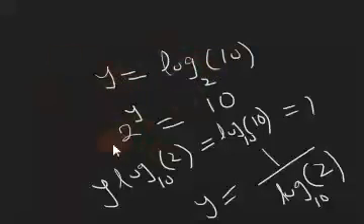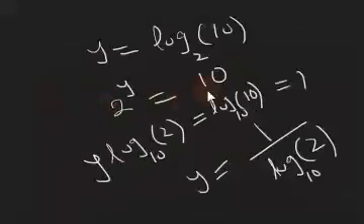The left hand side is 2 to the power y, and the right hand side is 10. Then to bring the exponent in front, take log base 10 of both sides: y times log base 10 of 2 is equal to log base 10 of 10, which is 1. Then y equals 1 over log base 10 of 2.